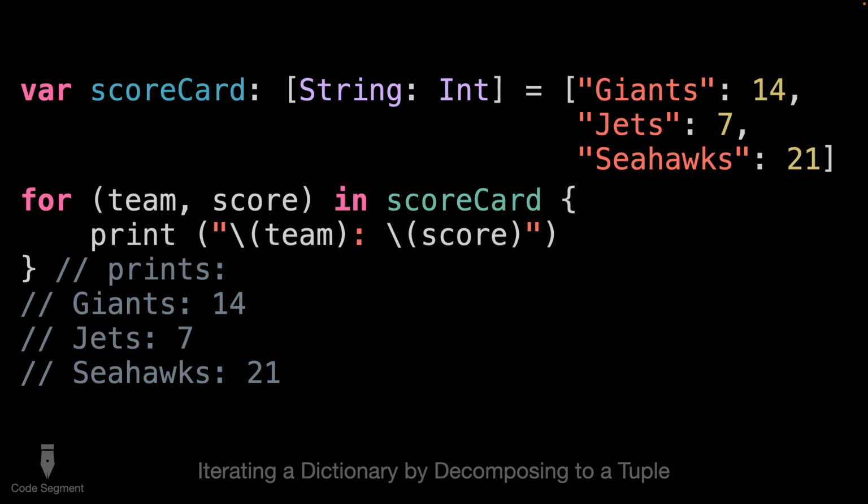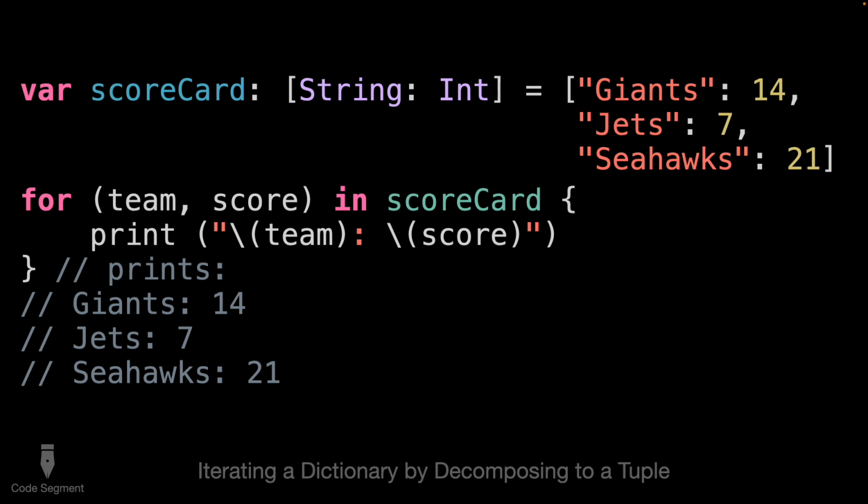And decomposing into a tuple is just this fun thing that Swift can do. But basically, moving forward from here within the scope of code that the for loop defines, you can use the team constant as if it was just a constant, not a part of a tuple.